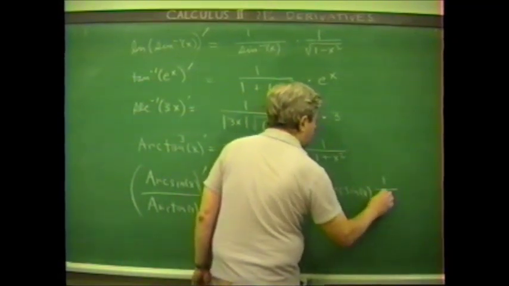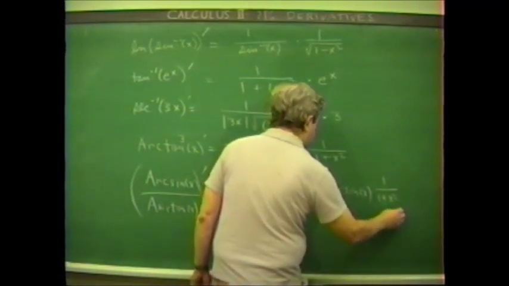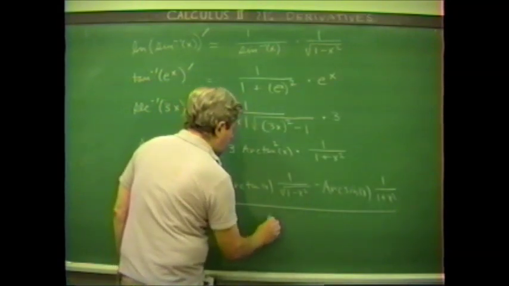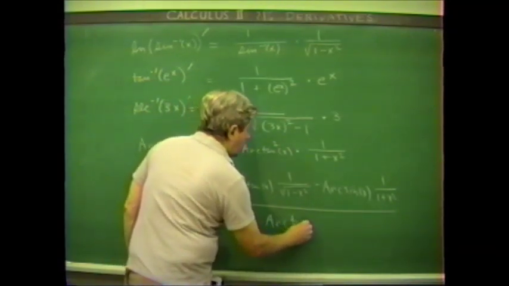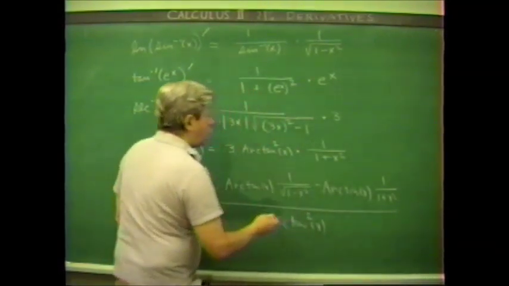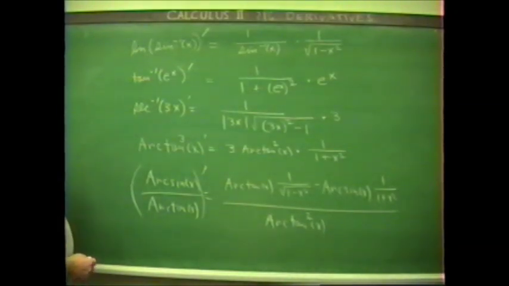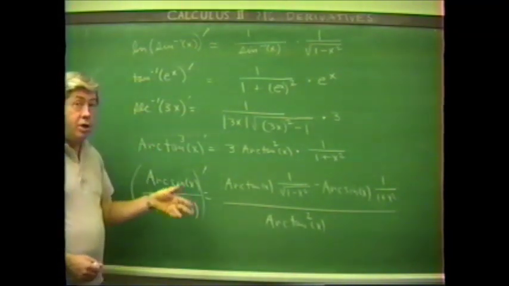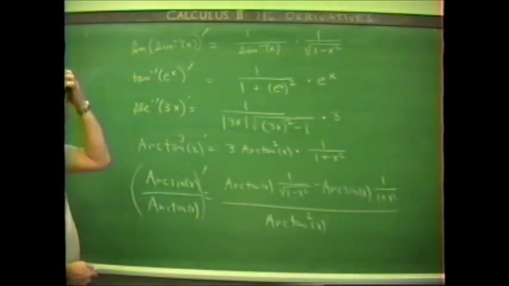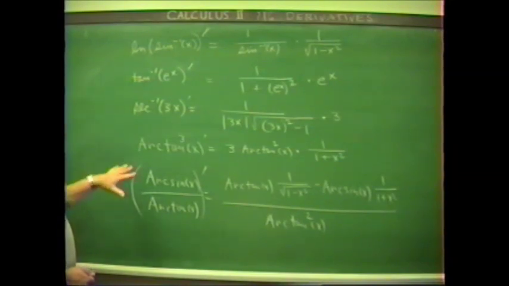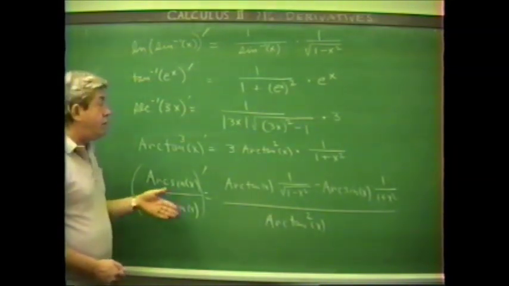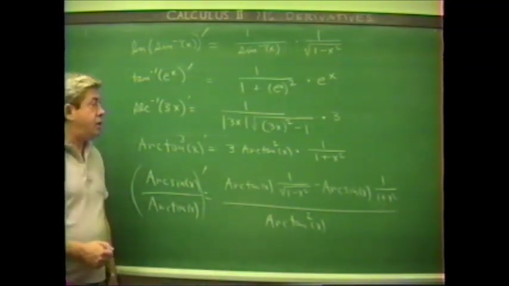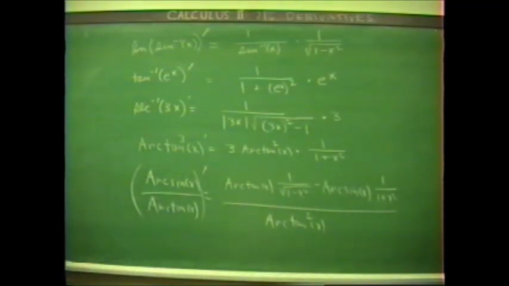The derivative of arctangent is 1 over 1 plus x squared, all over the denominator squared. Okay, so any combination with these new functions, arcsine, arctangent, and arcsecant, you should be able to differentiate. Differentiating is quite a bit different story, and it's considerably more difficult. But here you've got the formulas for the derivatives, and so all the possible combinations of these functions with others you should be able to differentiate.